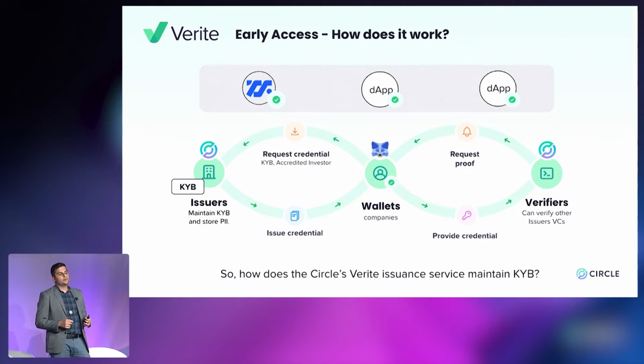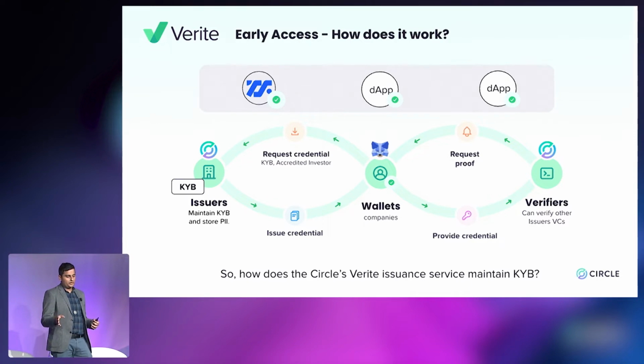In the standard, we see the three main players contributing to the ecosystem: issuers of identities, wallets that allow companies and people to access dApps, and verifiers that make lightweight checks so that any dApp can check the status of KYB or accreditation in a very lightweight way that doesn't affect their end user experience.